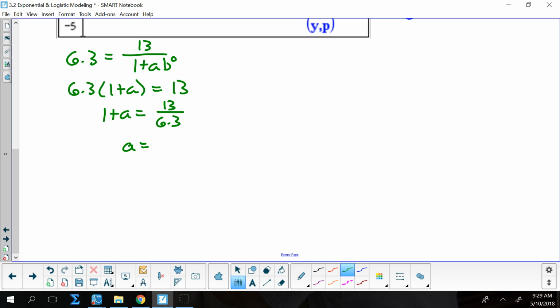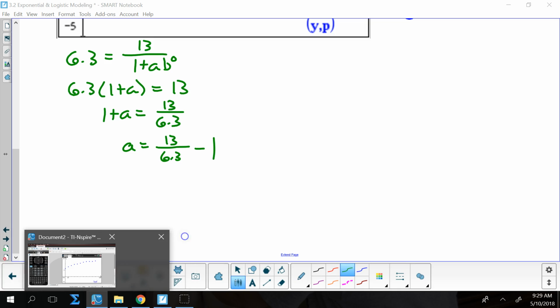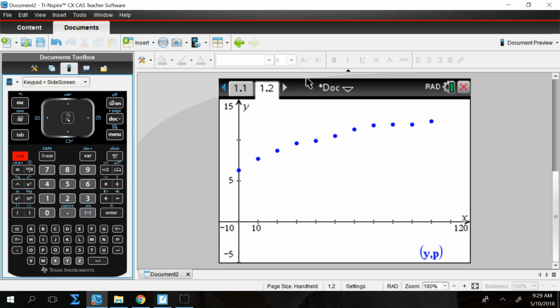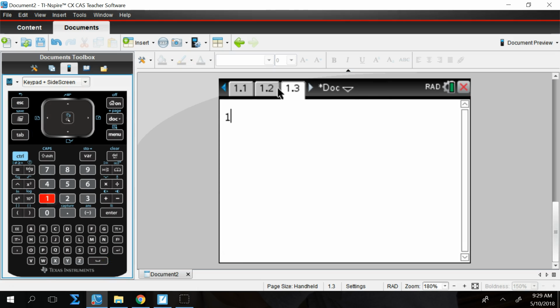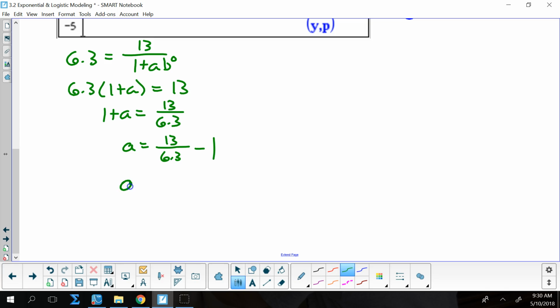Subtract 1. So then that value, 13 divided by 6.3 minus 1, is 1.06349. Okay, good. I like it.